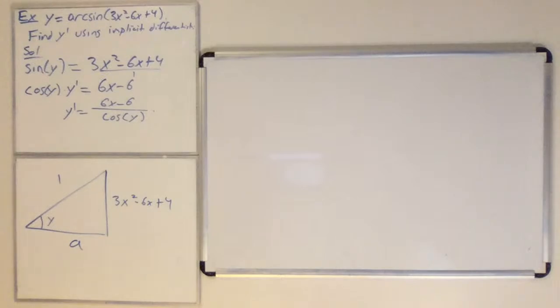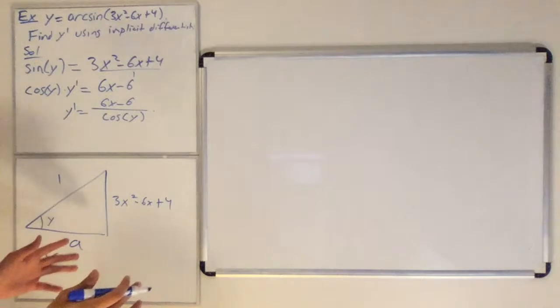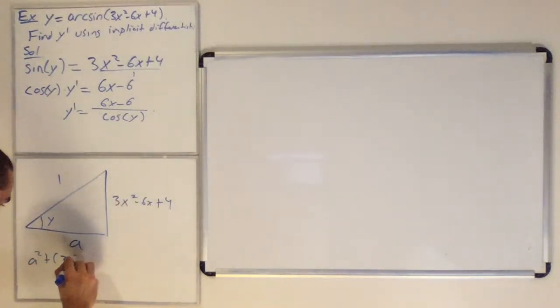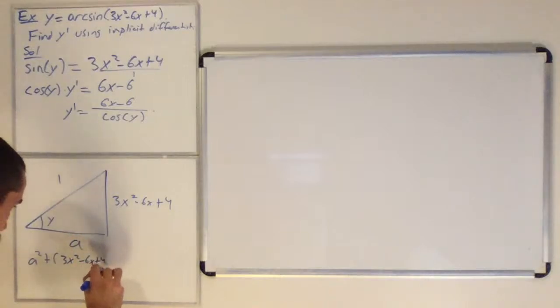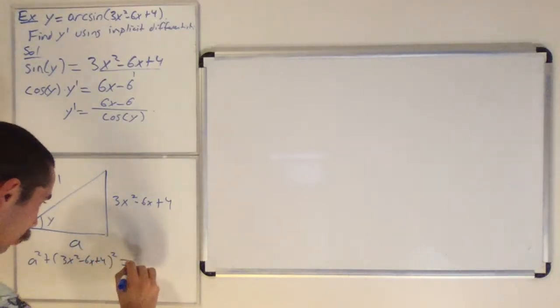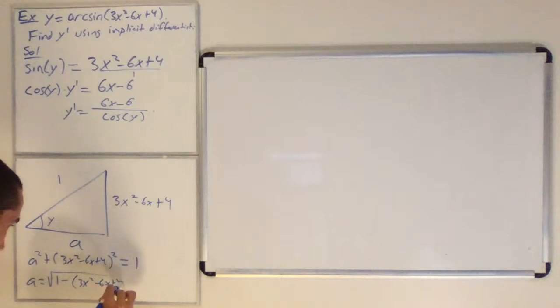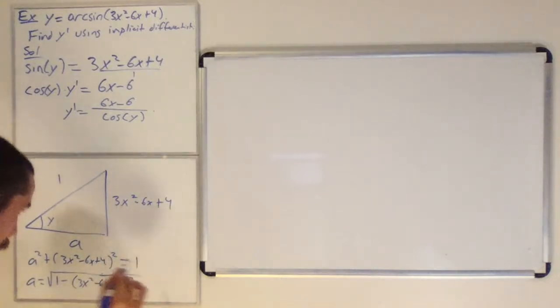Yeah, Nicole, Pythagorean Theorem. So we'll use the Pythagorean Theorem to solve for a. We have a squared plus, and now don't multiply this out, just leave it as something squared, (3x squared minus 6x plus 4) squared, is equal to 1 squared. Solving for a, we get a is equal to the square root of 1 minus (3x squared minus 6x plus 4) squared.